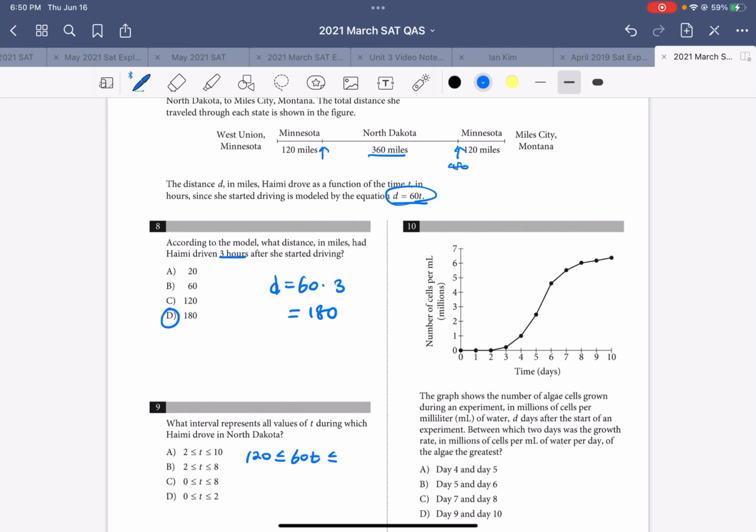Up to 480 miles is where North Dakota is located. Okay, between 120 and 480 total distance should be North Dakota.